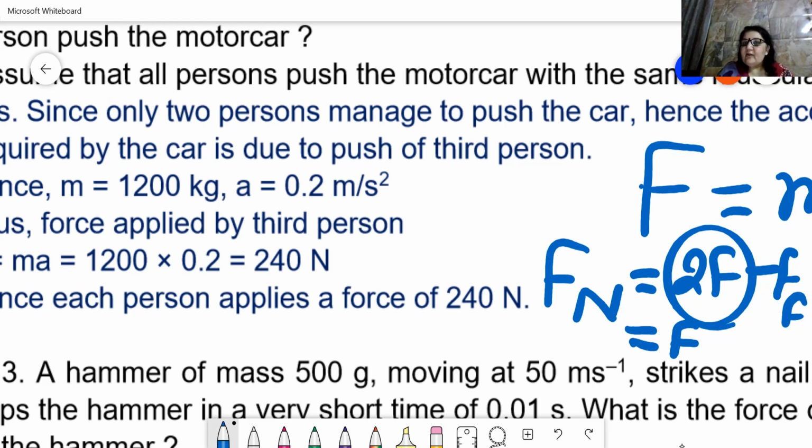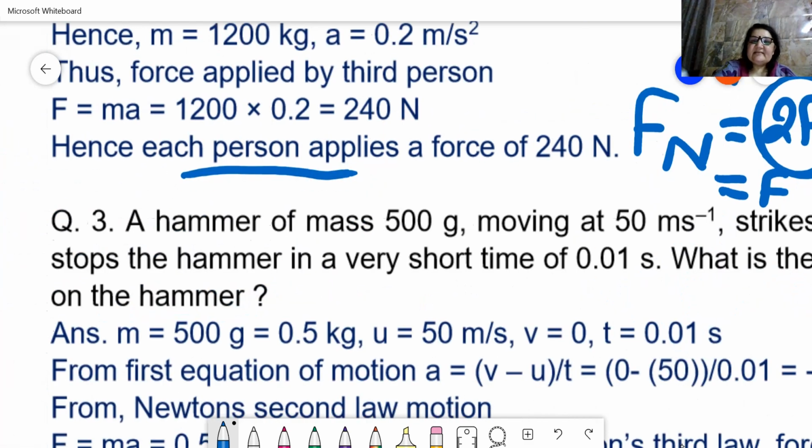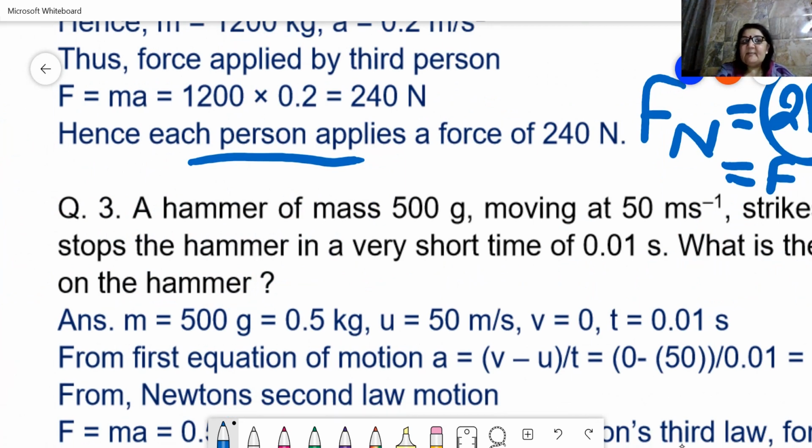First of all, we are having two persons with the same effort. You can see each person is applying the same force. Actually, it's not exactly true, because one person and the other person are not the same, but they have given this condition that all three persons have the force F. So the total force applied by them was 2F, and there was a frictional force. Now, unless the third person comes, they are not able to move it.